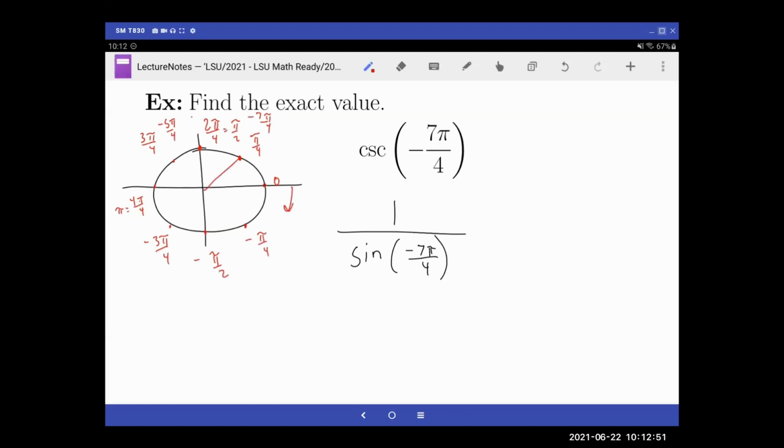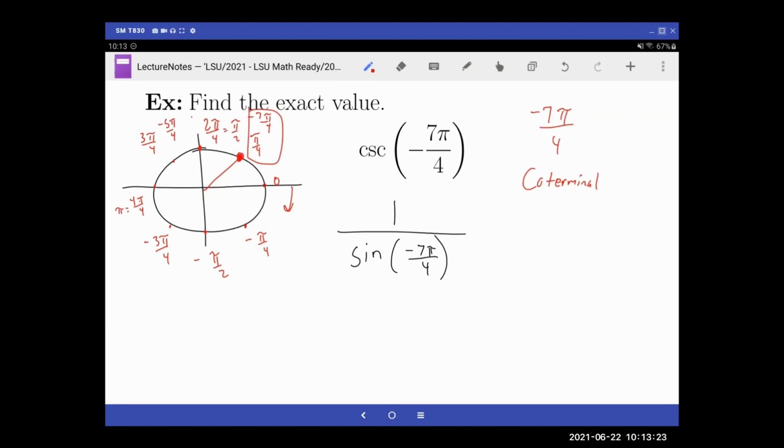What I would usually do, off to the side somewhere, is try to find what we call a coterminal angle. A coterminal angle just means the same angle, but with a different value. If you look at pi over 4 and negative 7 pi over 4, these two are different in the sense that they're two different values, but they're the same in that they're in the same position.